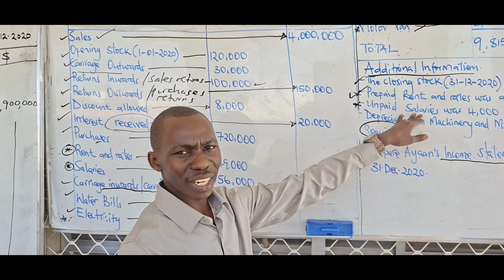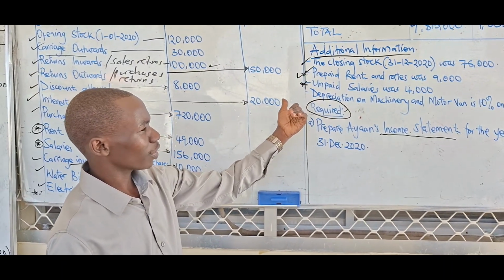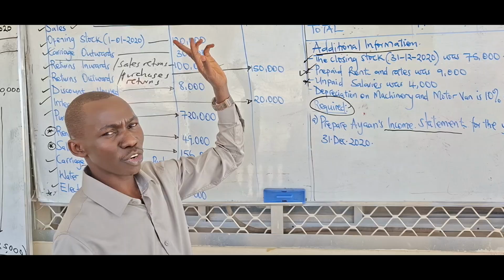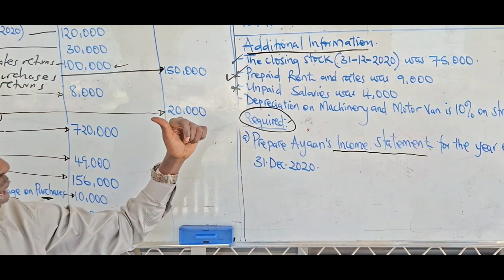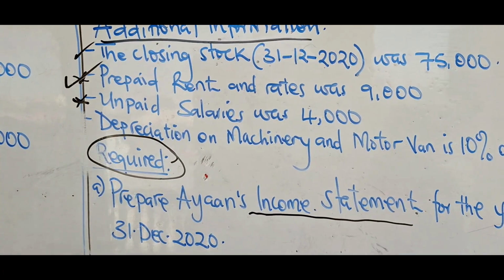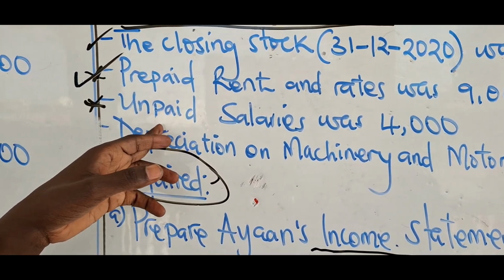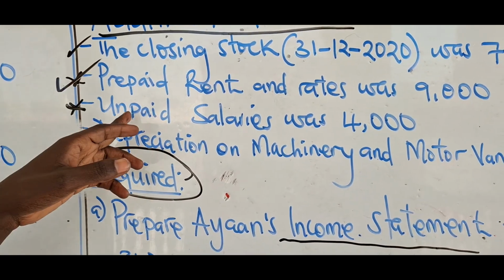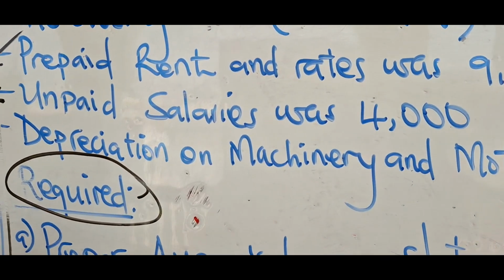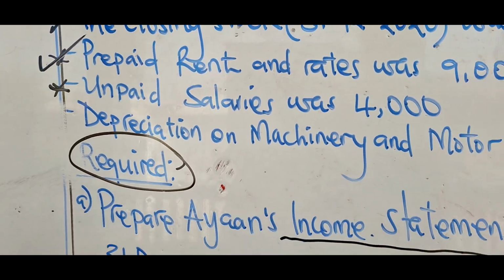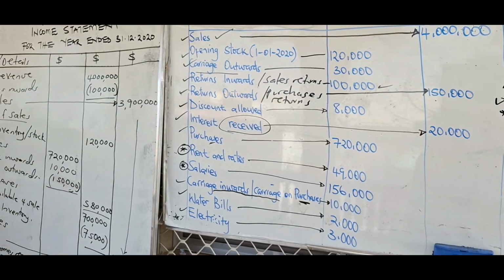Now, as you are making salaries for this year, you have salaries to pay, but someone says, please wait. Even if it is unpaid or outstanding or due, salary due for last year or for previous month, we bring it and add it on salaries for this year. So we shall add our unpaid. Whenever you find unpaid expense or expense outstanding, it can be salaries outstanding, electricity outstanding, unpaid, due salary, all that, you have to pick it and add on your expense for that particular year.